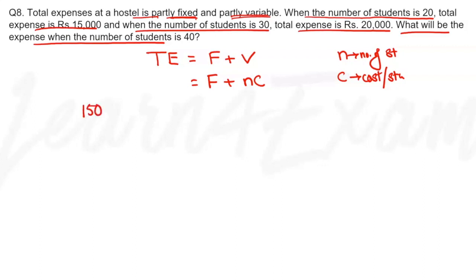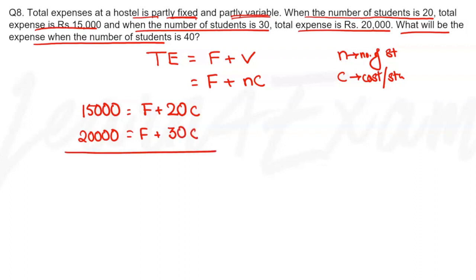So 15,000 is equal to fixed cost plus 20 into cost per student. When the number of students is equal to 30, the expense is 20,000. So 20,000 is equal to the fixed cost plus 30 into C. If you subtract the first from the second equation, you get the value of 10C to be equal to 5,000.